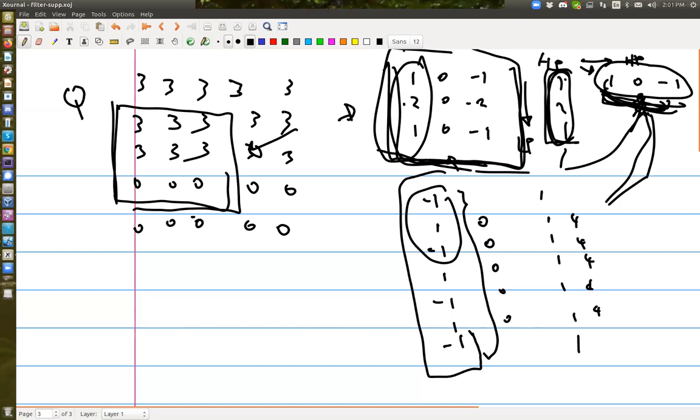Let's say 3 times 1, then 3 times 2 is 6, and then the zeros I don't care about, and then 3 times minus 1 is minus 3, 3 times minus 2 is minus 6. So it'll be 0. And if I move this patch around to different locations, we'll get zeros as well.